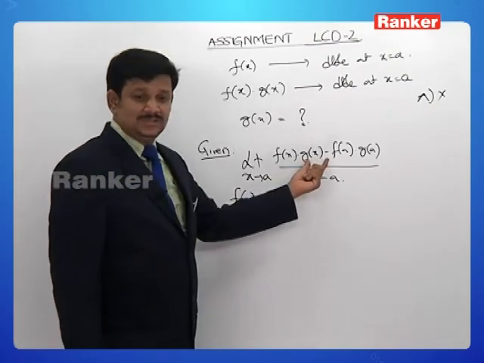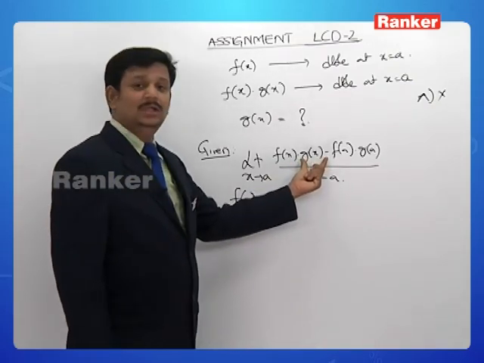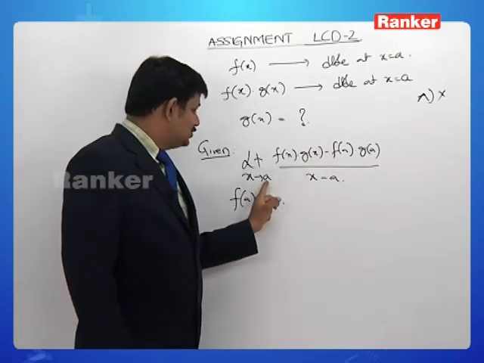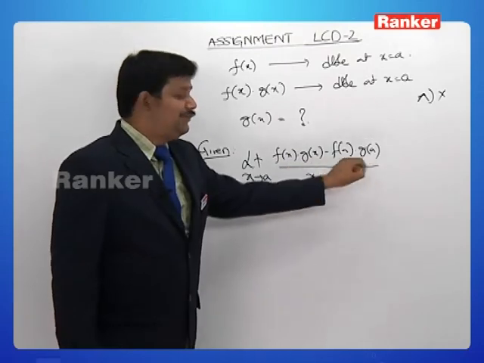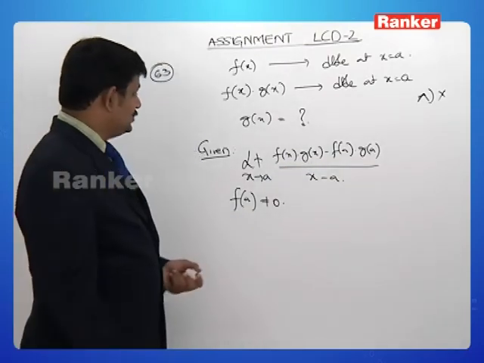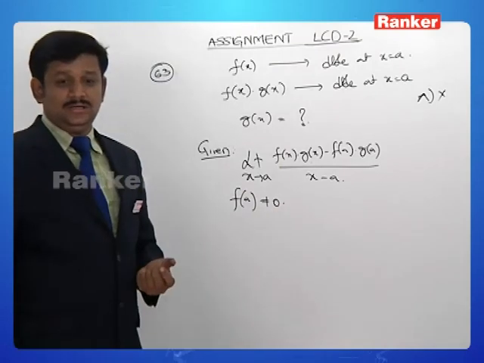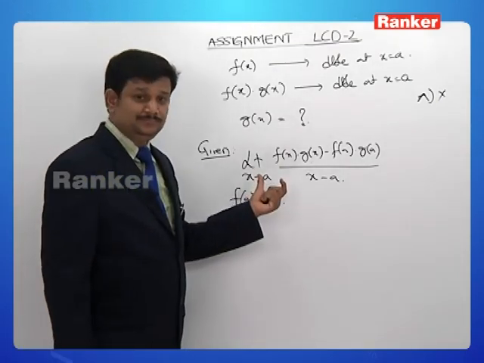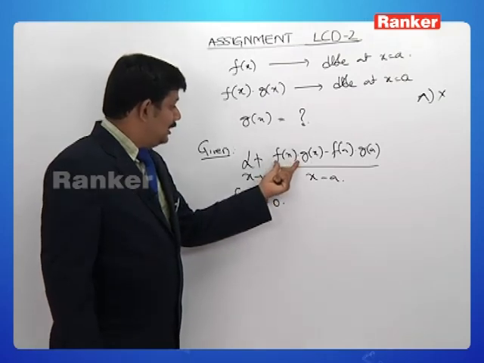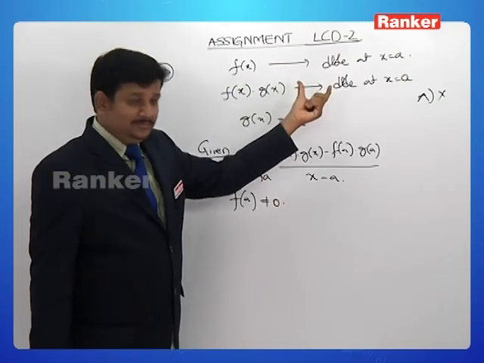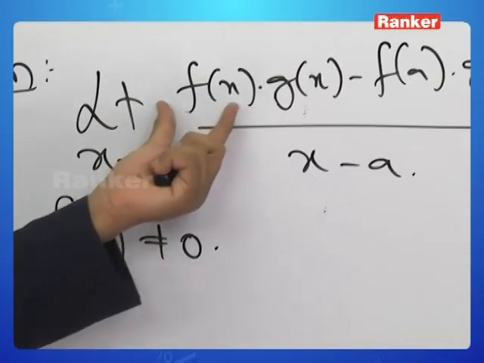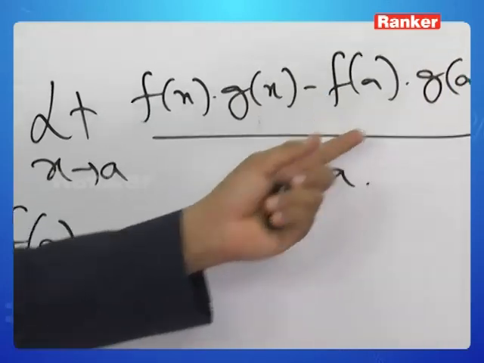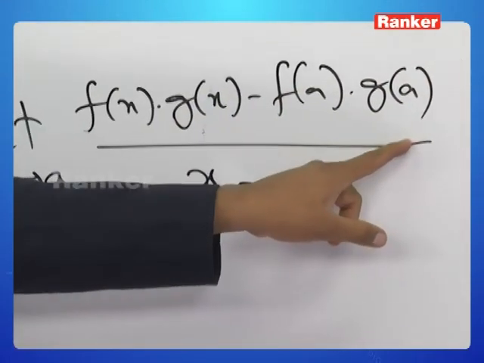If g of x is discontinuous, g of x as x tends to a, its behavior would be different from g of a. So f of x is differentiable. F of x as x tends to a would be same as f of a. F of a I can take common. G of x is different from g of a.